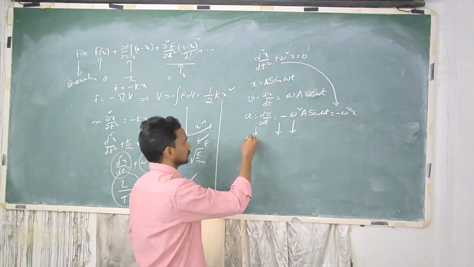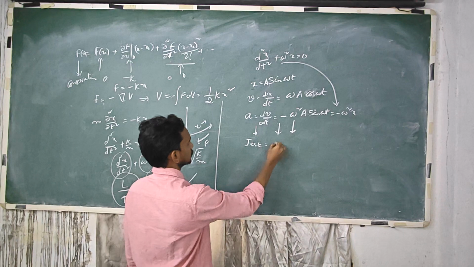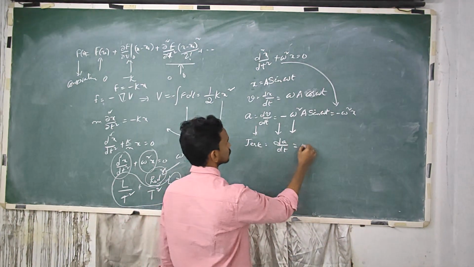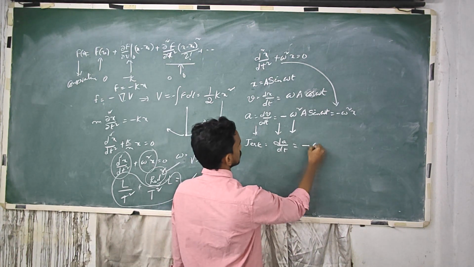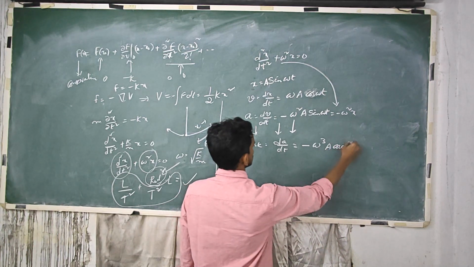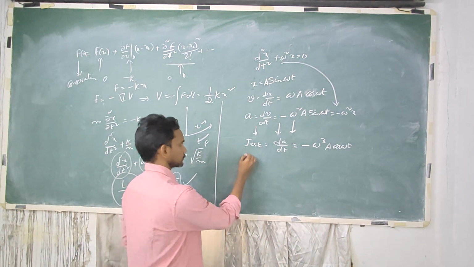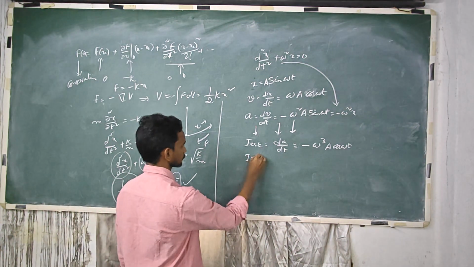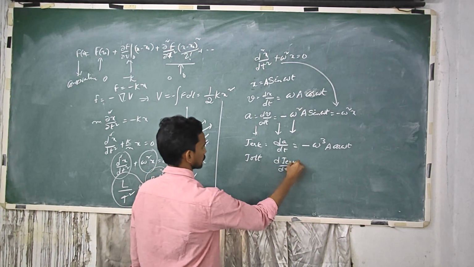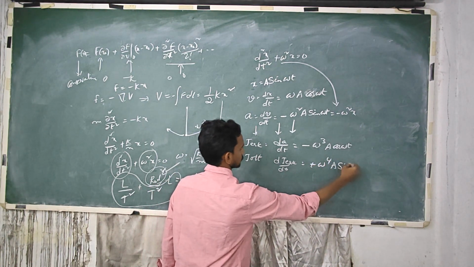If you keep on differentiating with respect to time, the next term is jerk, which is da/dt, which is minus omega cube a cos omega t. If you further differentiate it, jolt, which is dj/dt, is plus omega power 4 a sin omega t.